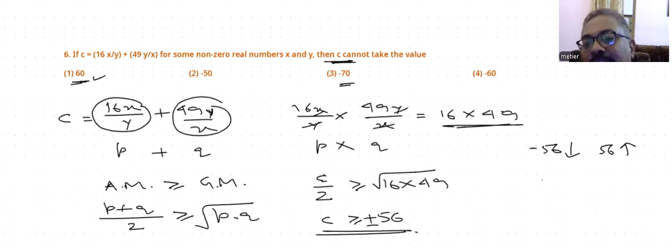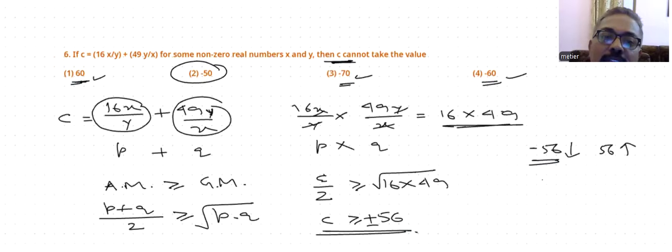So we need less than minus 56, meaning lower value. So magnitude-wise, it should be greater. So minus 70 is less than minus 56. It is also possible. Minus 60 is also less than minus 56. It is also possible. So only this one is not possible because it is not coming in the range. So that's the answer, minus 50. Very simple question: observation, basic, and arithmetic mean geometric mean concept. Next.